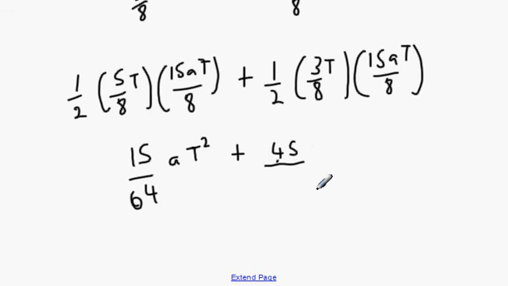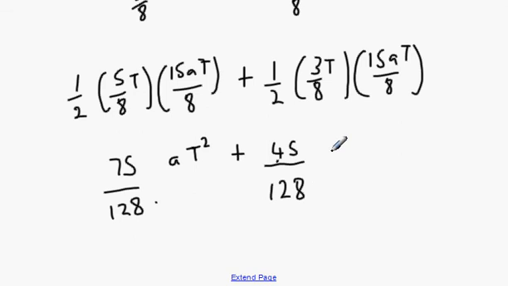Sorry, the first one's 75 over 128. Is that correct? Yeah, sorry. So when you put the first one into your calculator, it's actually 75 over 128. Just double check all your calculations before you move on, just so you don't cost yourself a mistake later on. So 45 over 128 at squared.